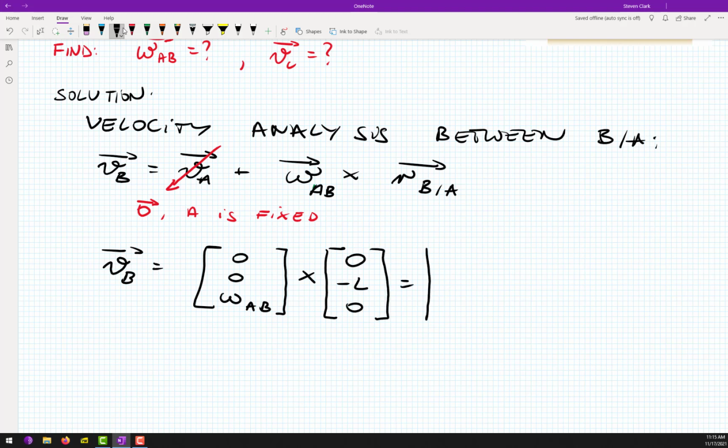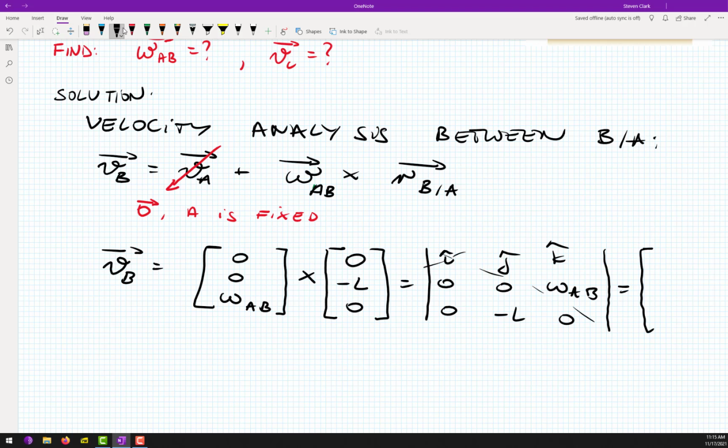Okay, let's do our determinant. i, j, k, 0, 0, omega AB, 0, minus L, 0. So this will be omega AB L, and the rest should be 0, 0.